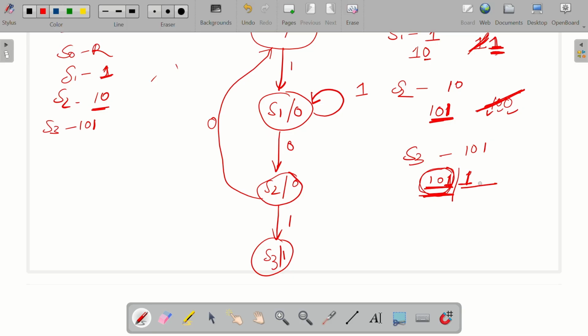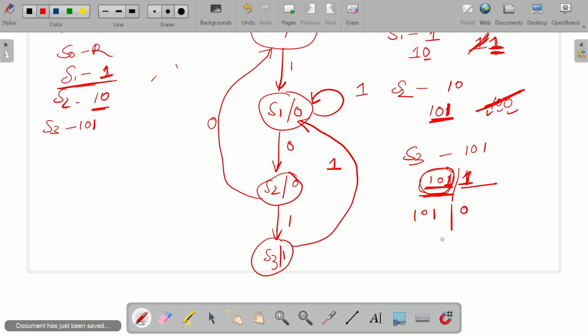Since the new bit that you get is 1, I can simply start my new sequence with this latest bit 1, and I know the state where you get one bit 1 is S1. So you move from S3 to S1 in case you get 1 after detecting the sequence. Whereas if you already have 101 with you and you are getting a 0, then what happens?